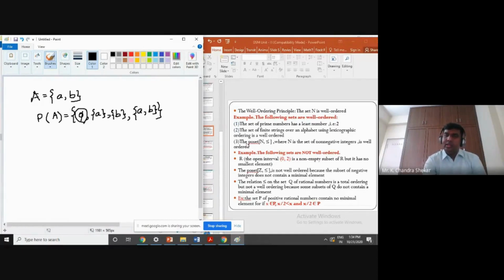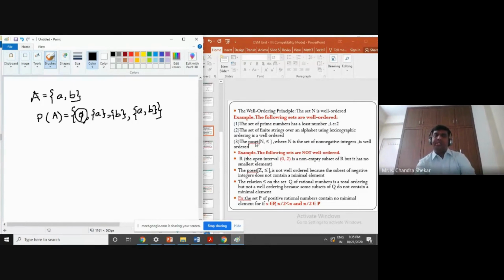Now similarly, the poset. What do you mean by poset, which we have discussed in the previous unit, unit 2?